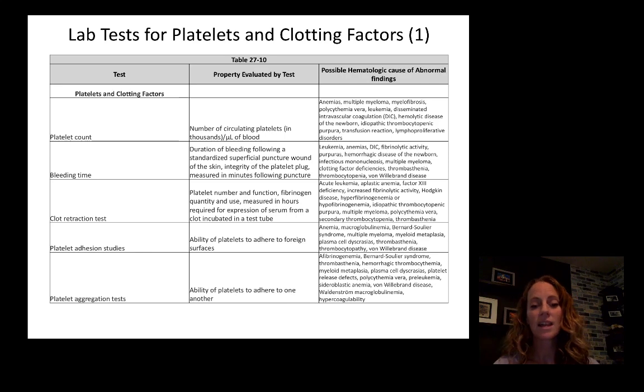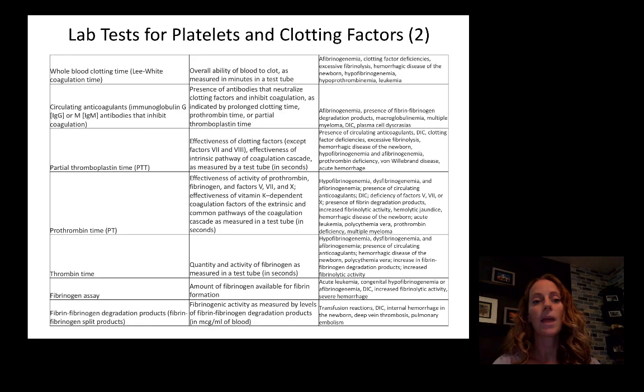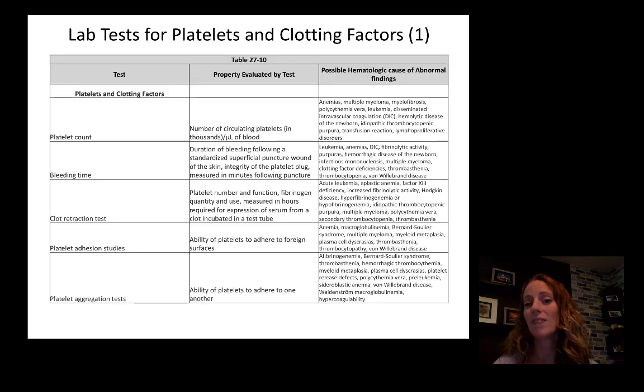So there are many studies which look at the ability of platelets to aggregate and also the amount of time it takes for the coagulation cascade to happen. Again, I'm not going to test you right now on the lab tests for platelets and clotting factors. I just want you to know that these tests are available. And as you learn about these different disorders, you can then link those disorders to some of these lab test results.